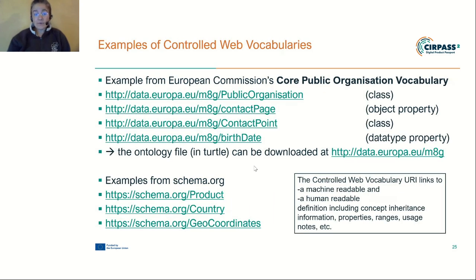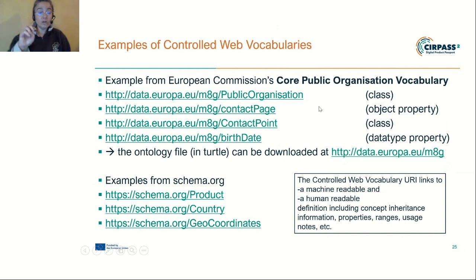So a few examples of controlled web vocabularies. I took them from the European Commission's core public organization vocabulary. And what you can see here is that whether or not the terms represent class objects or properties, they are more or less structured exactly in the same way, except that you have capital letters here for classes and non-capital letters here for properties.